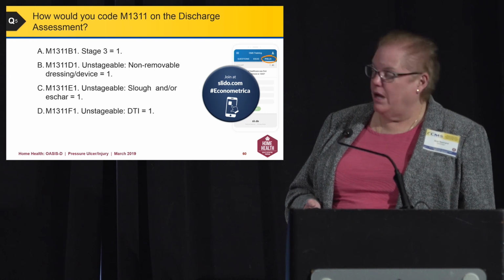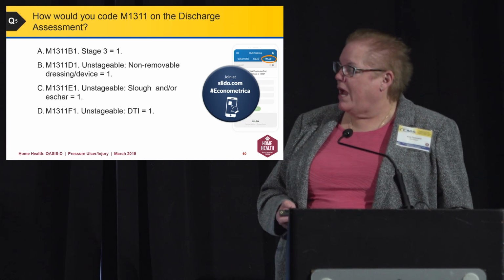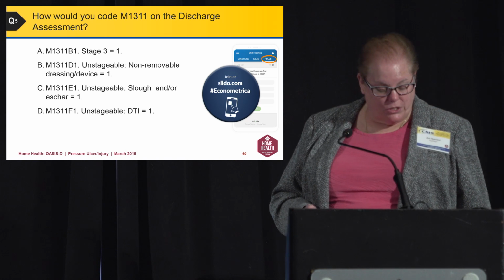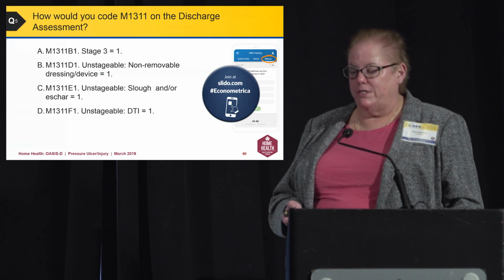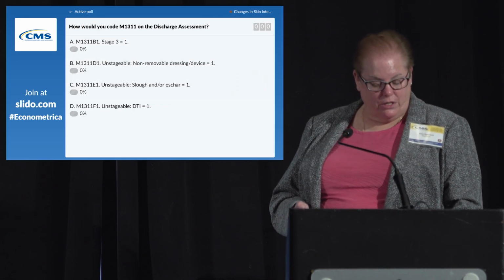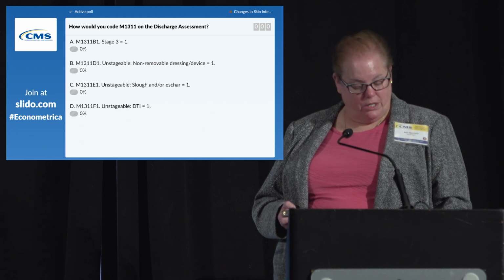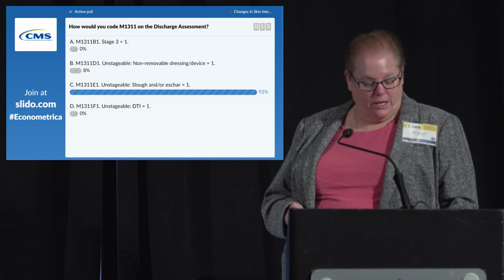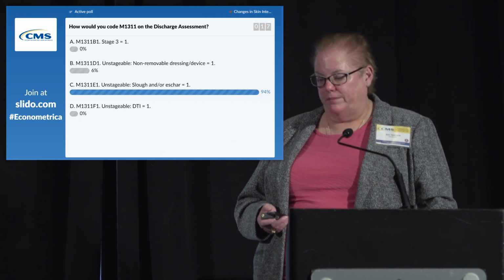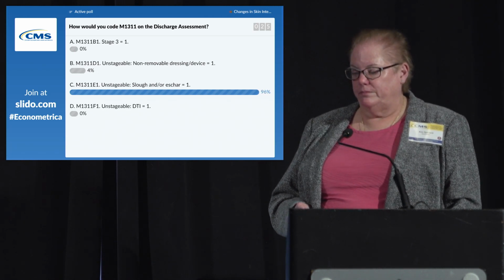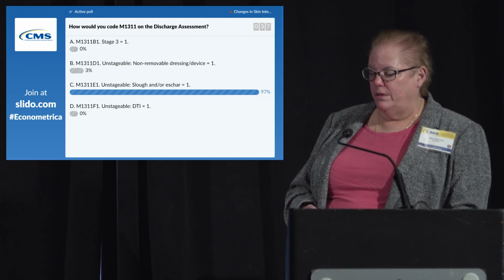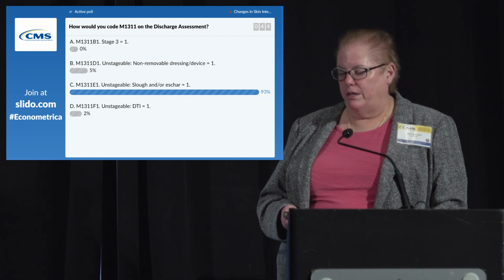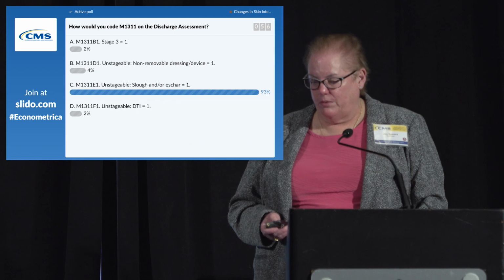All right. Now let's look at how you would code this same scenario at discharge. Would you say you have a stage 3 as a 1, unstageable non-removable dressing as a 1, unstageable due to slough or eschar, or unstageable due to deep tissue injury? Okay. So let's see the answers.